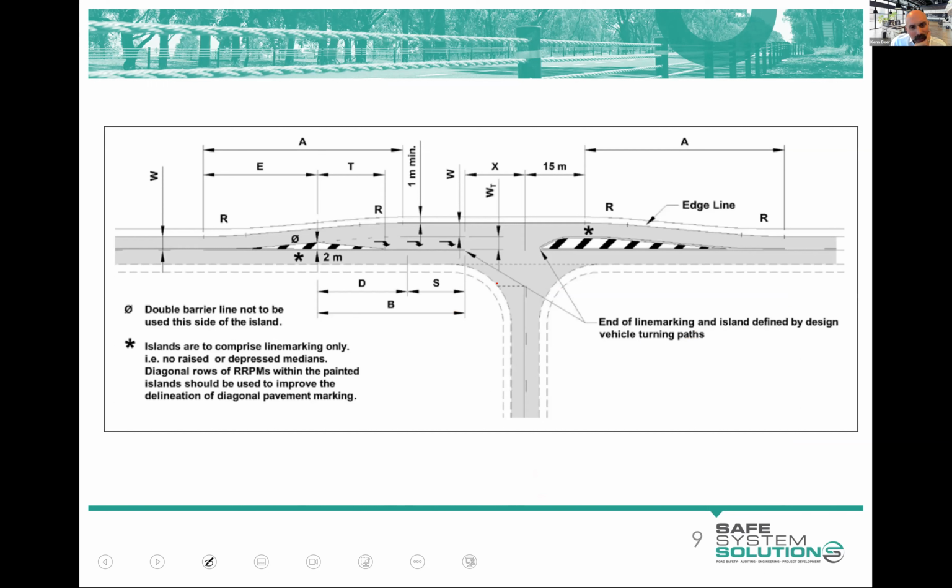Okay, right. So we took that photo from up here, didn't we? And looking down there, that's a straight run through, isn't it? It's the vehicles from this direction that need to change.